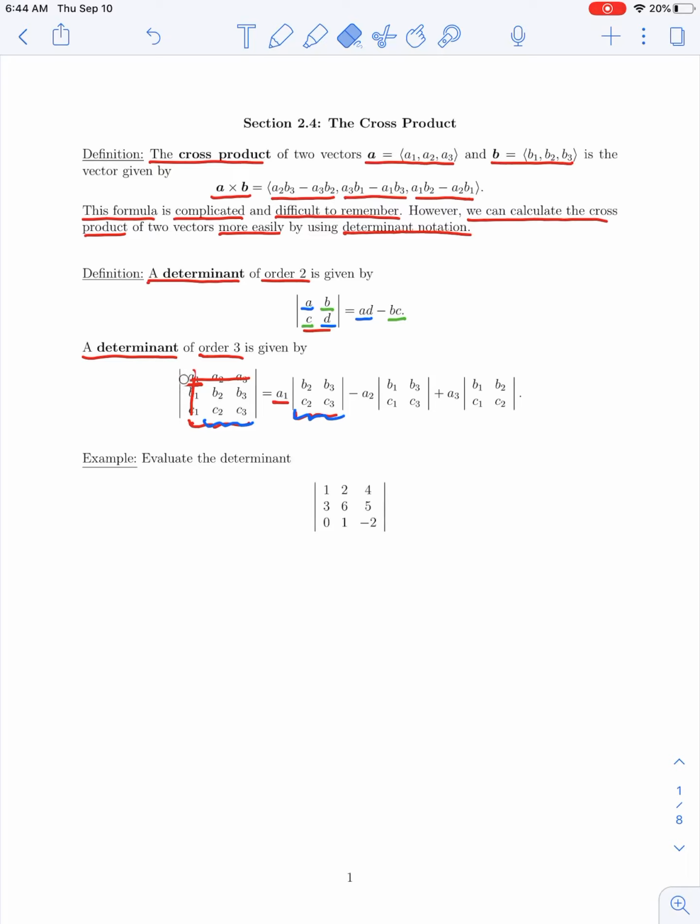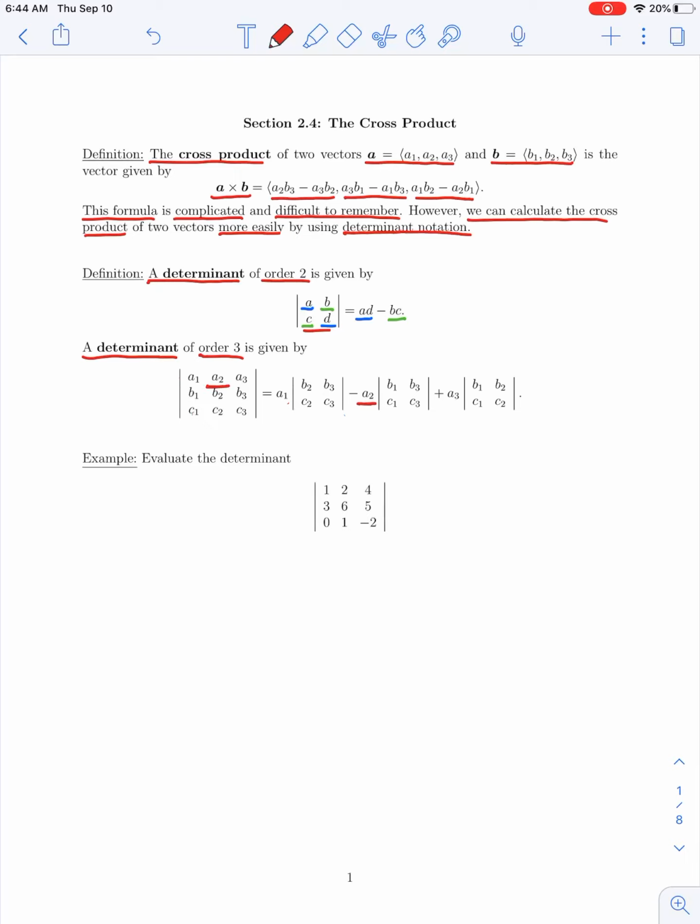Now, let me clean up my work a little bit here. Our second part of the determinant of this 3 by 3 matrix, we're going to subtract A2.